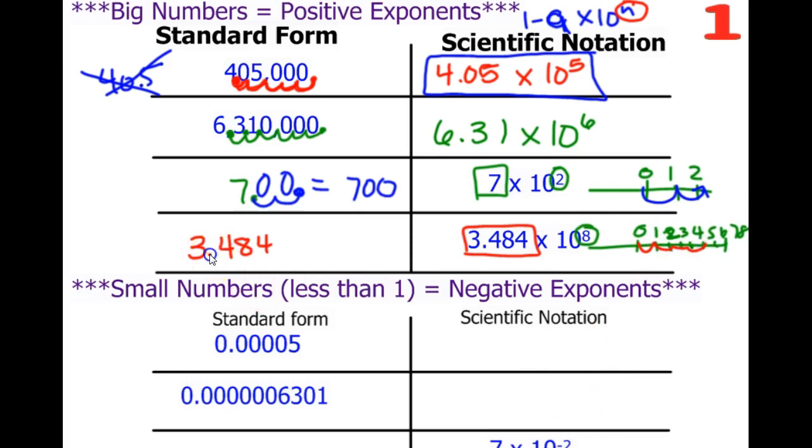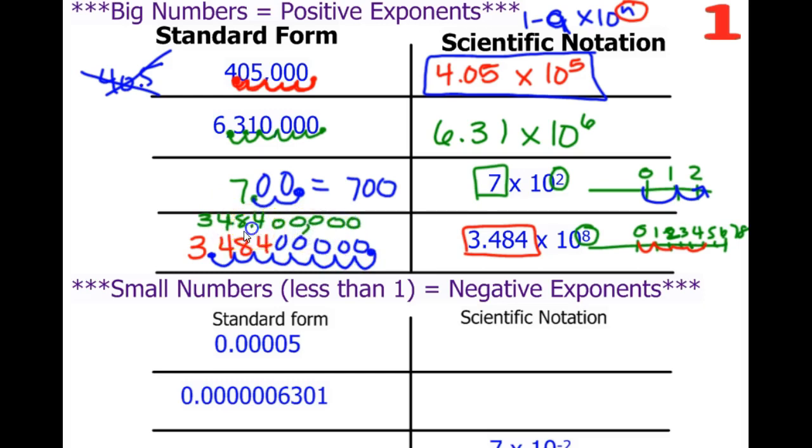So let's move starting right here. 1, 2, 3, 4, 5, 6, 7, 8. That's where our decimal is. We're going to fill in the rest with zeros. So it does not mean 8 zeros, it means move 8 times. So your answer is 3, 4, 8, 4, and only 1, 2, 3, 4, 5 zeros.